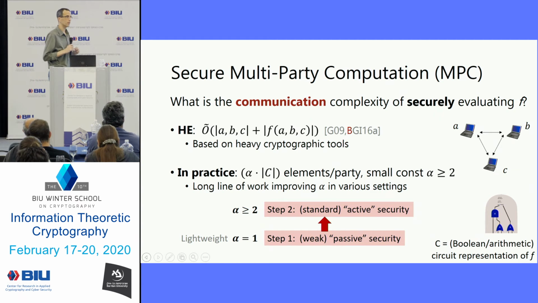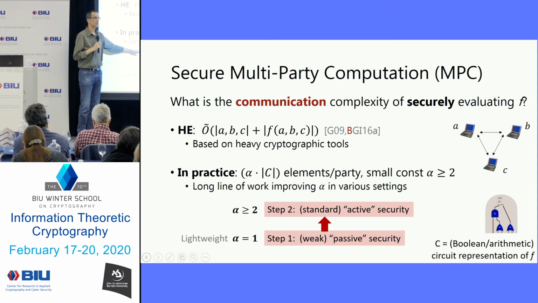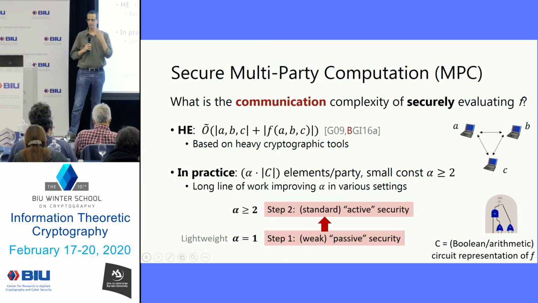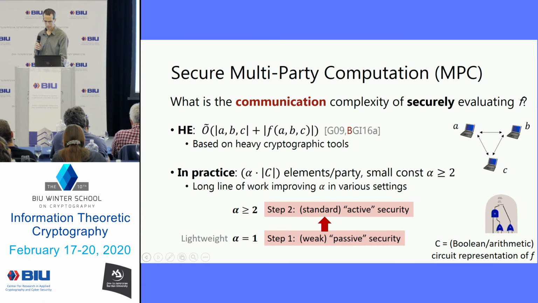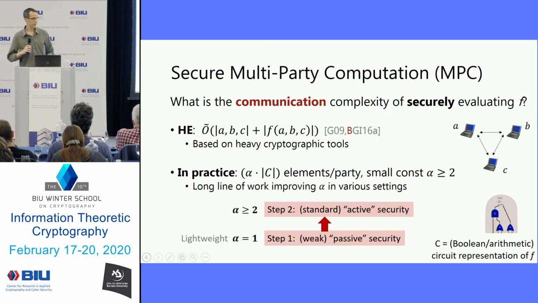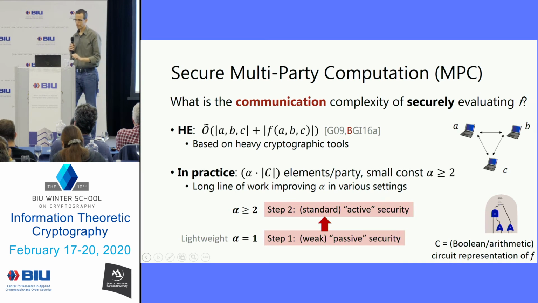That's the best we know how to do for general circuits now. But for active security, there was some cost in communication to pay, at least times 2, and often much more than that, times 40 or times 100, depending on the setting. What we want to do is get this to be as good as this, essentially, with a small additive difference.